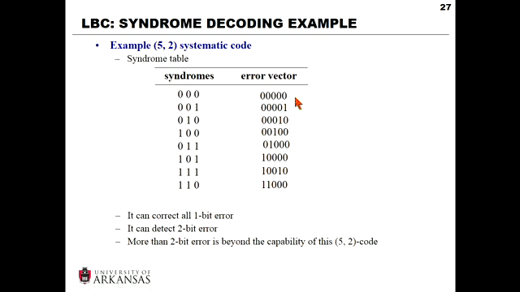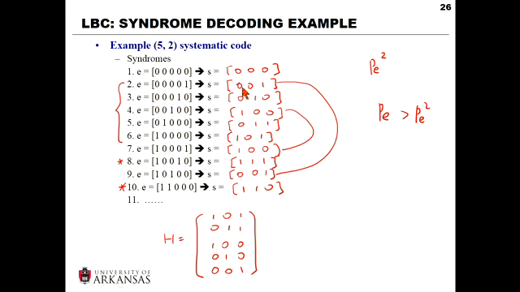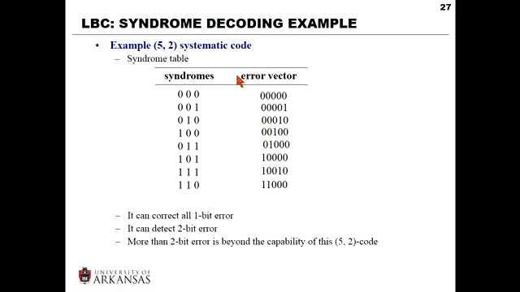The syndrome 0 corresponds to the 0 vector. 001 corresponds to this vector here, even though in the previous slide 001 could also correspond to 2 bits of error, but we give priority to 1 bit of error here. So basically we have the syndrome here and an error vector here, and it's a 1-to-1 mapping, and given a syndrome we just pick an error vector. The syndrome has to be one of these 8 possibilities. We will always get one of these 8 possibilities.